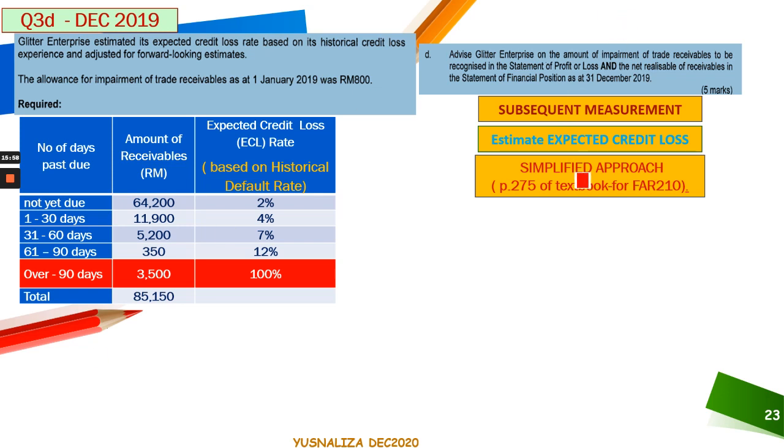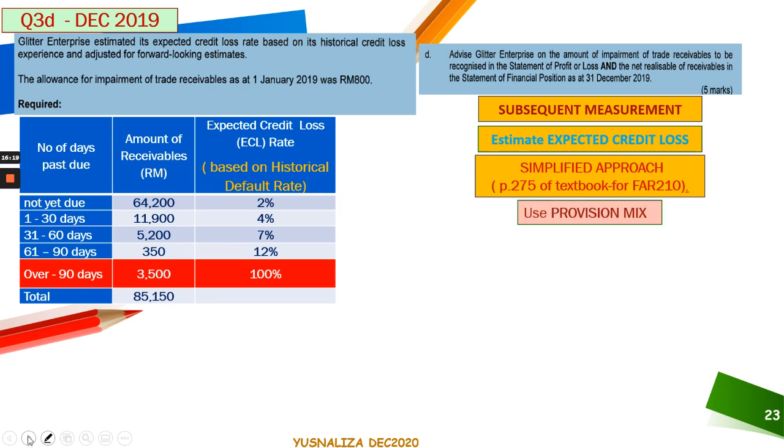According to MFRS 9, and according to the syllabus we are following in our university, we are using the simplified approach. For detail, you can refer to the textbook. What is the simplified approach? It is where you use a provision matrix.